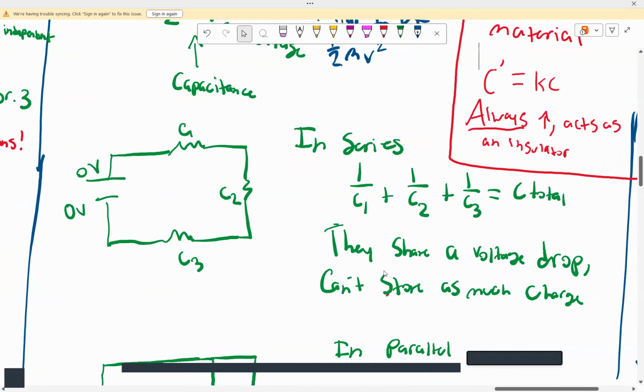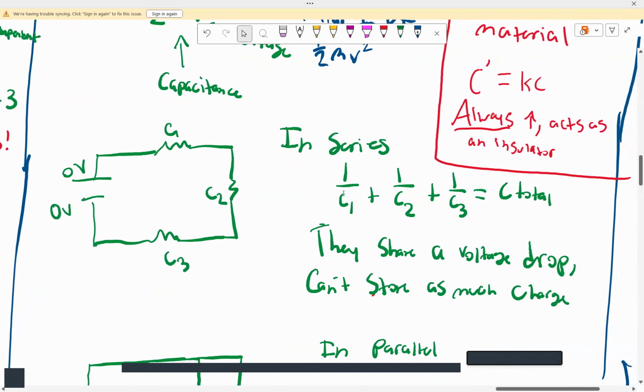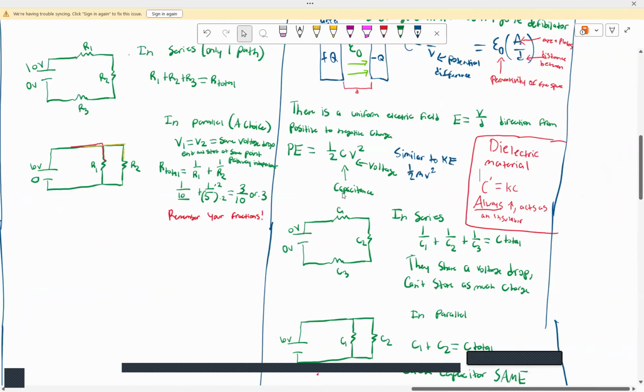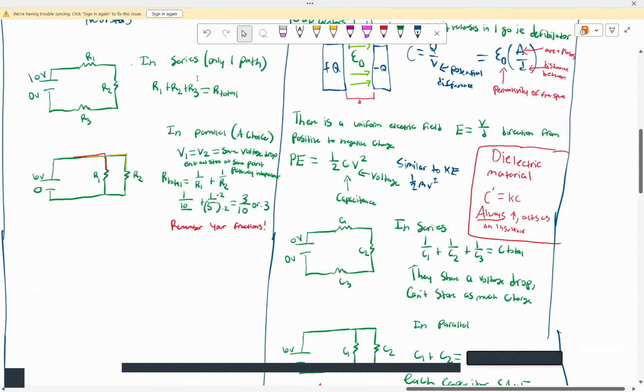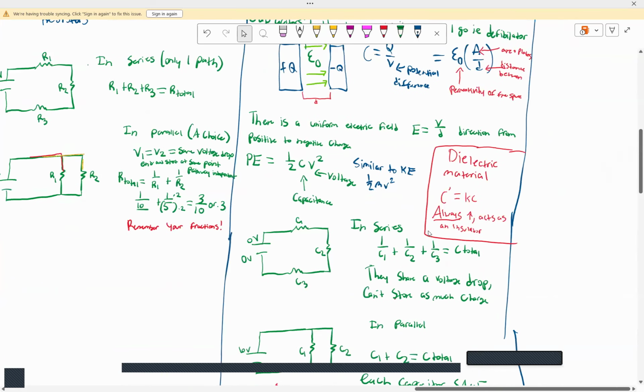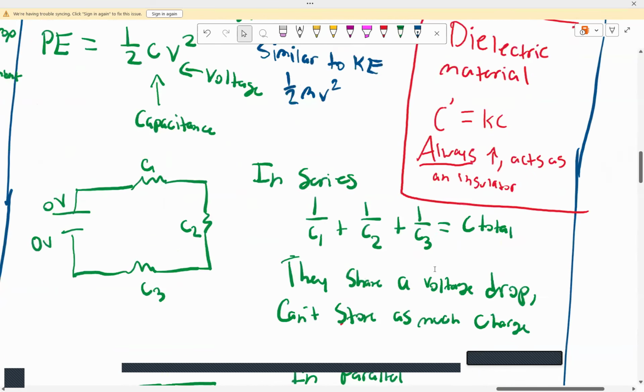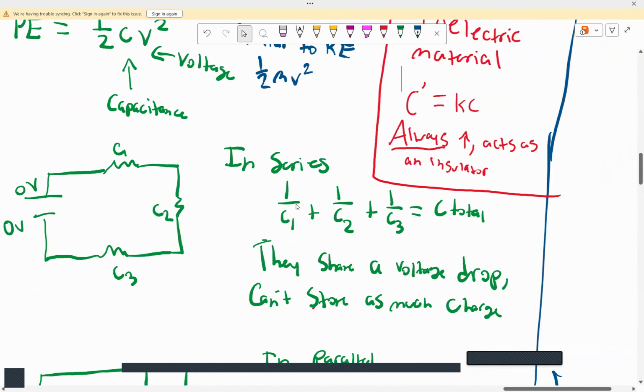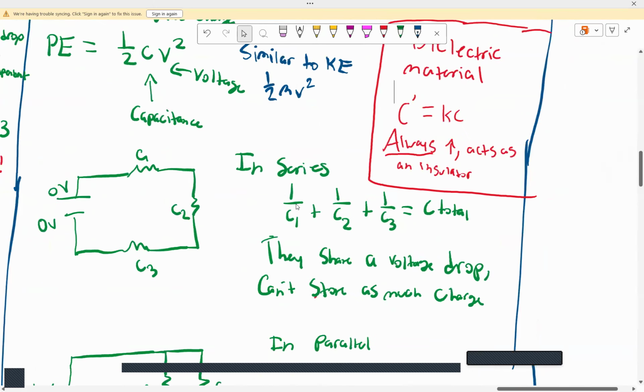Now I want to talk about capacitors in series. This is kind of the opposite, as you could see, which is why I drew these two together. In series for a resistor, it's R1 plus R2 plus R3 equals R total. But in series for a capacitor, it's similar to what is parallel for a resistor: 1 over C1 plus 1 over C2 plus 1 over C3 is equal to 1 over C total.